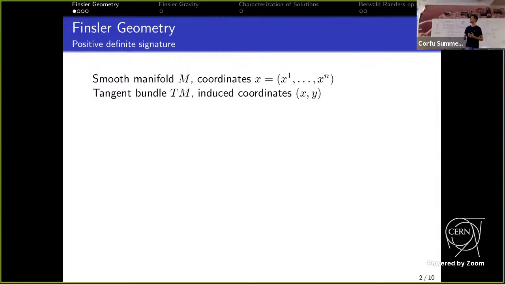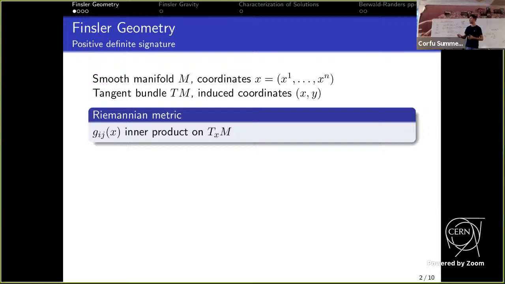If we have coordinates x on our base manifold, which will usually be space-time, then this induces coordinates on the tangent bundle, which we can denote by x, y. So x denotes the base point and y denotes a vector at the point x. Most of our geometric objects will generally become functions of both x and y.